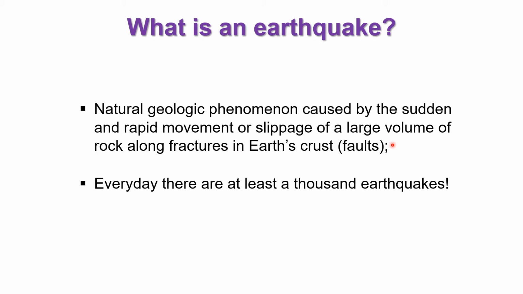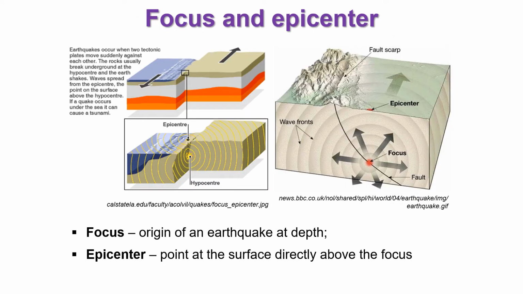So this discussion is very much related to our previous discussion on rock deformation, mainly because the earthquake is a manifestation of rock deformation that is happening continuously in the Earth's crust. So every day there are at least 1,000 earthquakes, but most of these we cannot feel them, but our seismic instruments do.